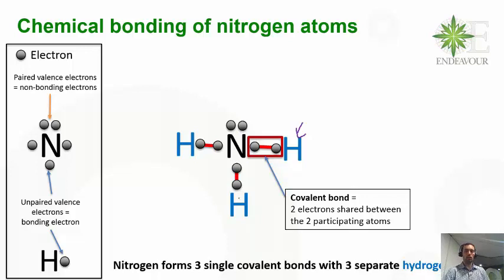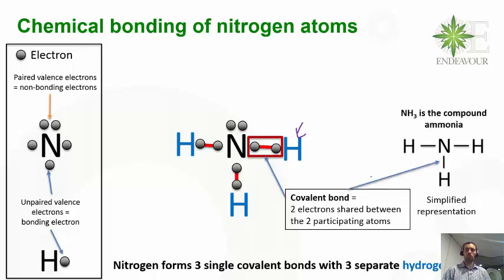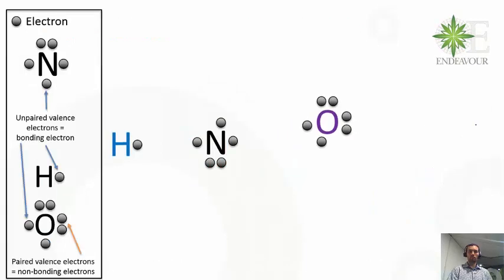And each hydrogen has 2 shared electrons, which gives it a full outer shell because it only has the 1 electron shell. So usually we represent this as the simplified representation where the line represents the covalent bond. So we've got those 3 attachments to hydrogen there, which, as I said earlier, NH3 is the compound ammonia.